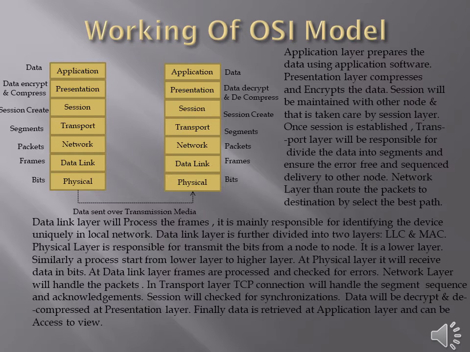Working of OSI model. So we'll see how OSI model works and an example of OSI model working. Application layer prepares the data using application software. For example, we can create a document using Word or any other document writer and save it.